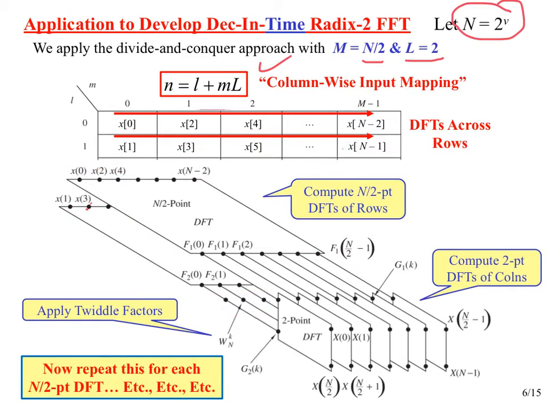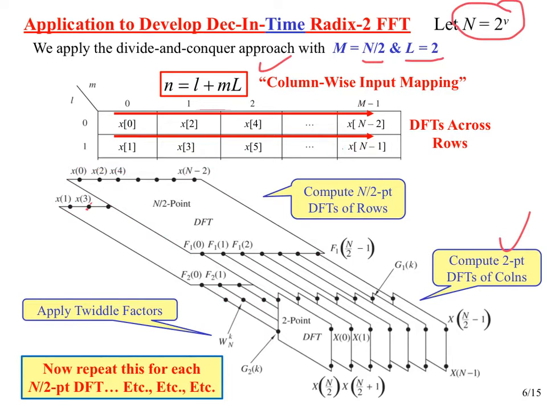Okay, and then the last thing we saw was that to combine those results, we used 2-point DFTs. And if you compare how we're showing it here to what we saw in the last notes, you'll see that this is exactly what we did before.